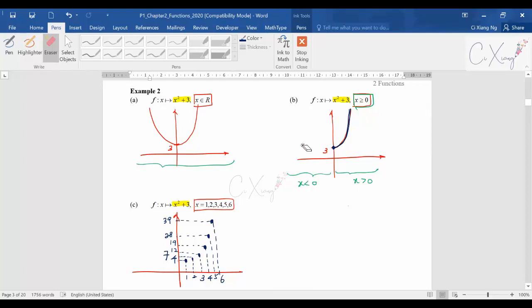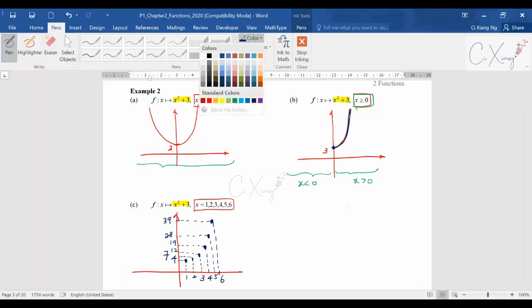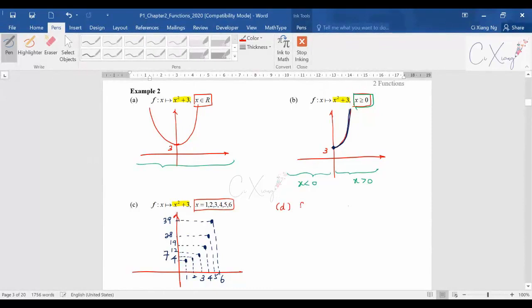Compare A, B, and C. Everything here is x squared plus 3, but when the domain is different, you can see a different shape of the graph. Now I want you to add on another one. If I want you to sketch f(x) equals x squared plus 3, where x is between 1 and 6.